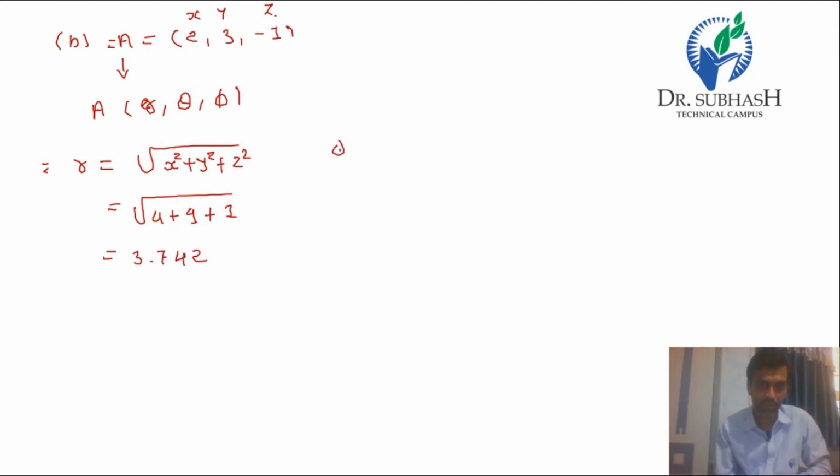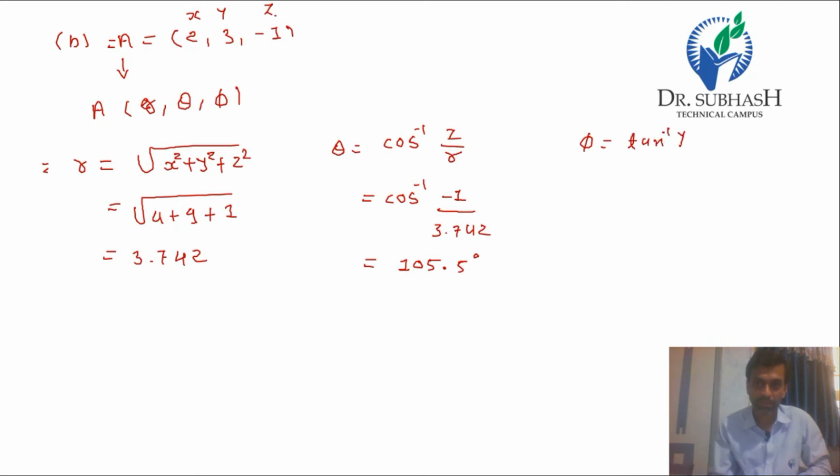For theta, we have cos inverse z by r. So cos inverse of minus 1 over 3.742. If we evaluate, we get 105.5 degrees, and for phi, tan inverse y by x. So tan inverse of 3 over 2. If we evaluate, we get 56.3 degrees.